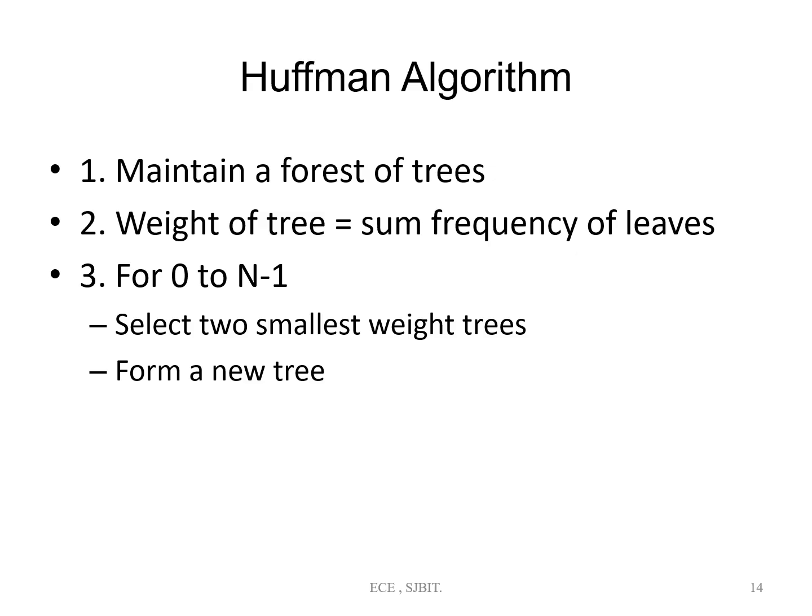In the Huffman algorithm, the three main important constraints are to maintain a forest of trees, and the weight of the tree should be equal to the sum of the frequencies of the leaves, and the nodes should be 0 to n minus 1. So we need to select the two smallest weight trees and form a new tree while branching out.